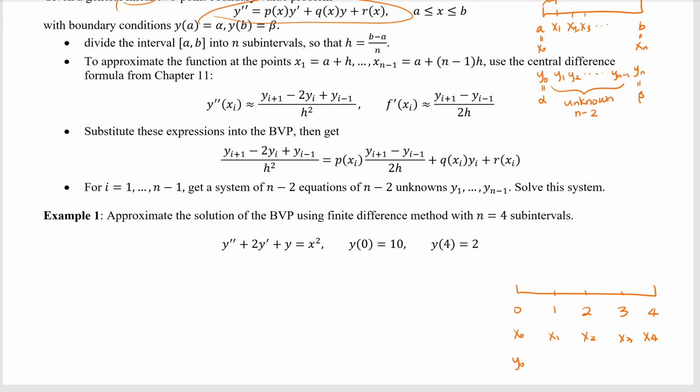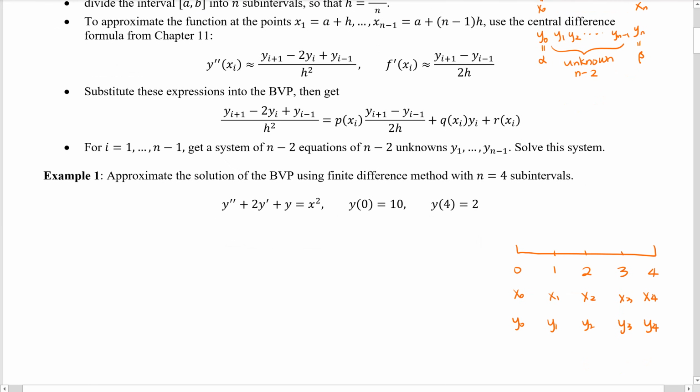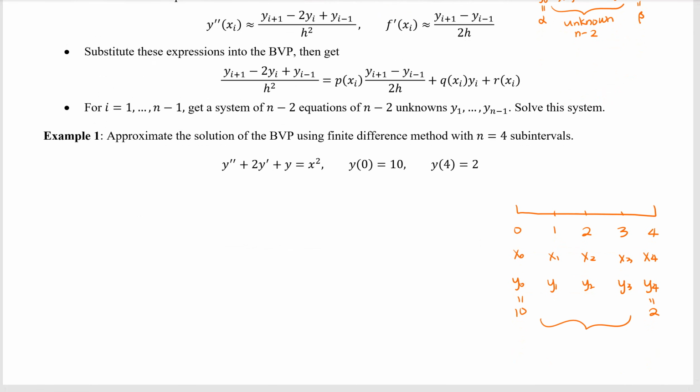And the corresponding values, we have y0, y1, y2, y3, y4. And we know that y of 0, so y0, is 10, and y of 4, this is y4, is 2. So far so good, and we are looking for y1, y2, and y3. So here we have 3 unknowns.